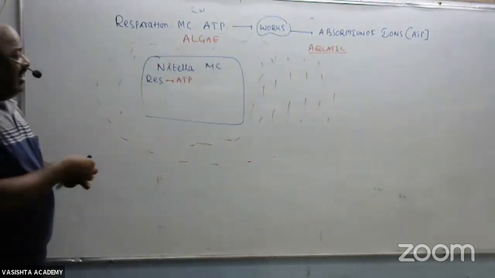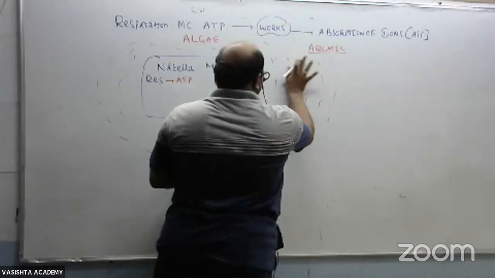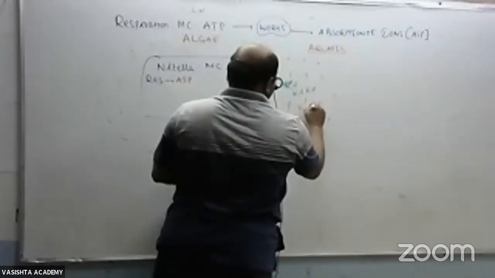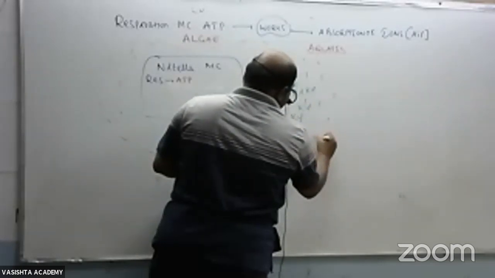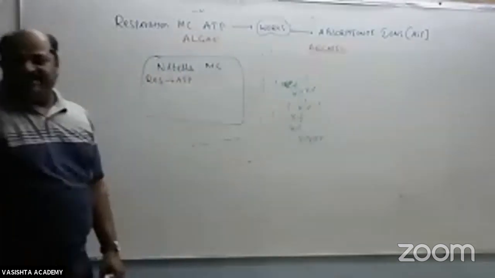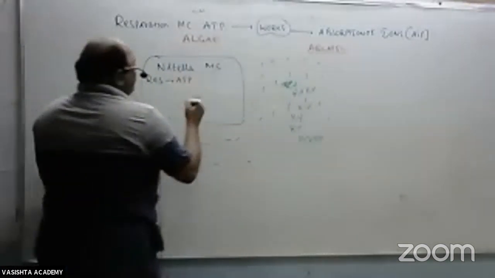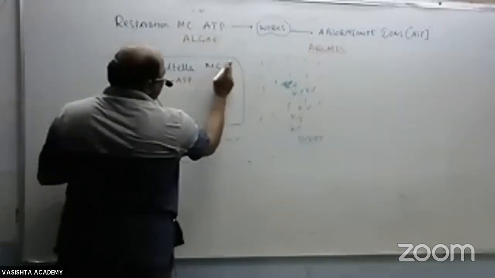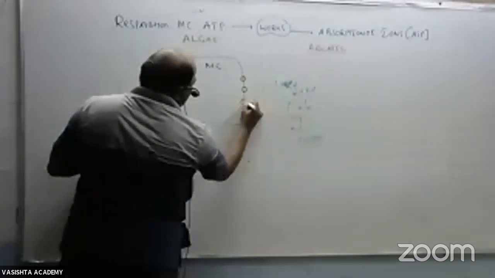So experimentally, he allowed some amount of K plus ions. For example, here 1000 K plus ions are in the external solution. Look at here. Observe my diagram. Now Nitella, mitochondria, respiration, resulting in ATP. Now this is the cell membrane. In the cell membrane, what is present?